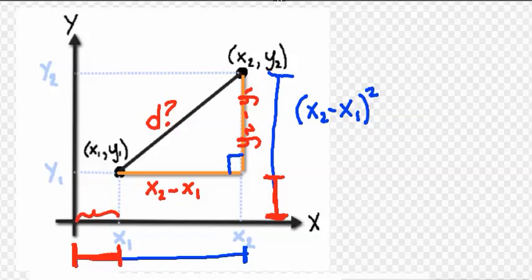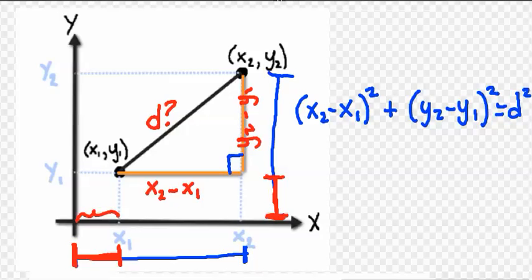And then we're going to add our second leg, which is y2 minus y1, and we want that squared. And then that'll give us this hypotenuse squared. So really what we've got here, this is our a squared, where this portion here is a. This is our b squared. This portion here is b. And then this is our c squared.